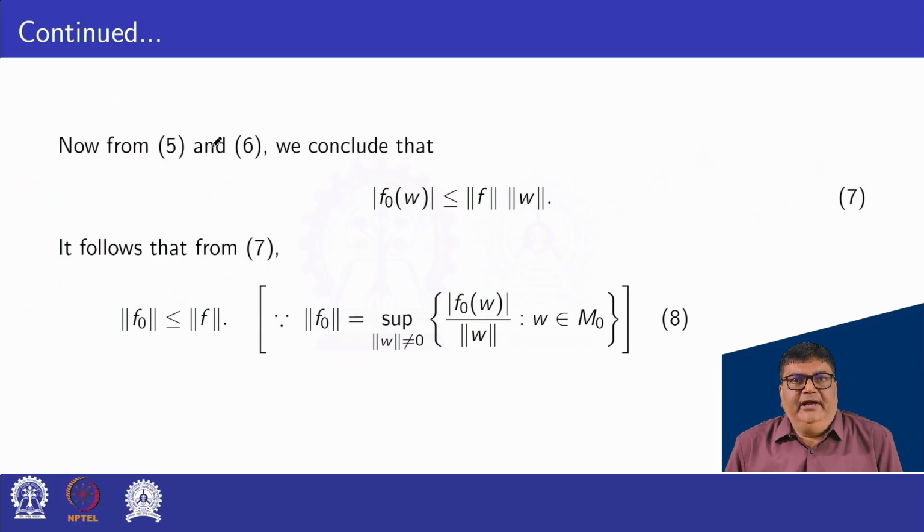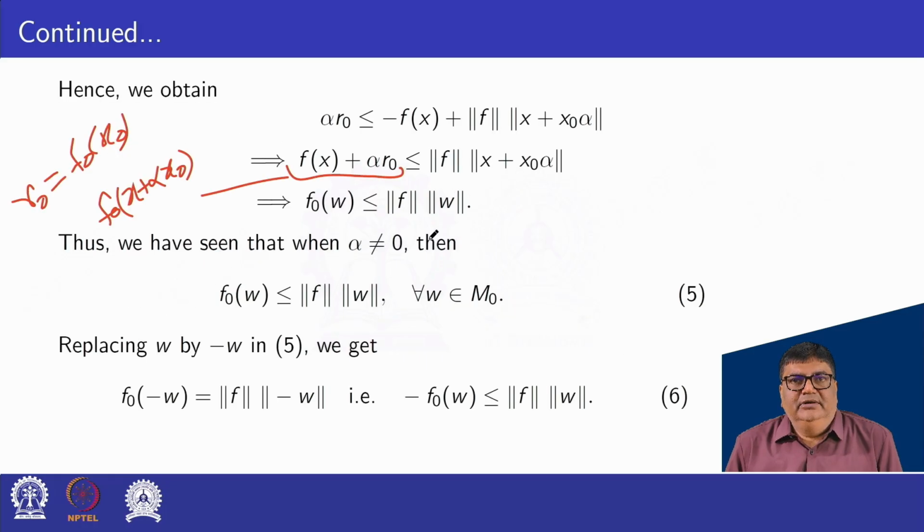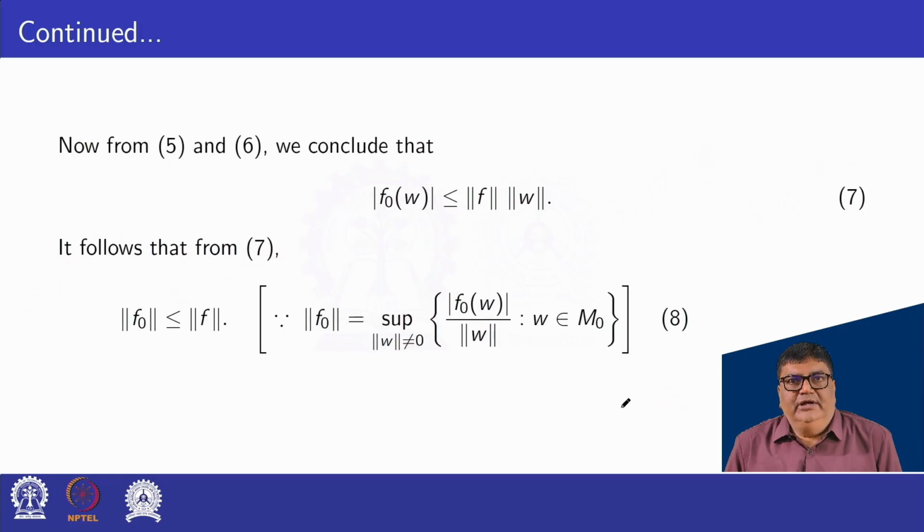Now from 5 and 6 we conclude that from 5, f0 w less or equal to norm f into norm w, and inequality 6, minus f0 w less or equal to norm f norm w. So from inequality 5 and inequality 6 we conclude that mod f0 w less or equal to norm f into norm w.